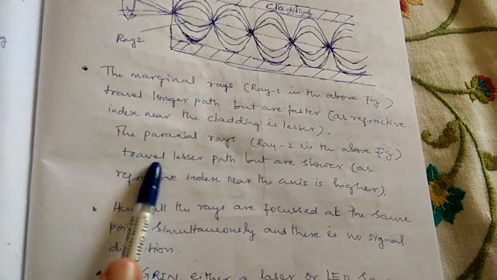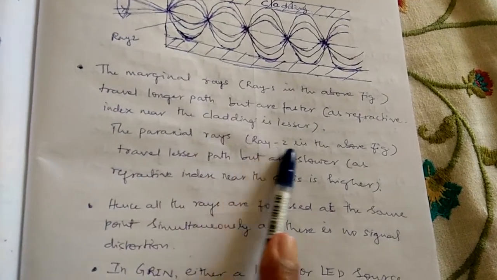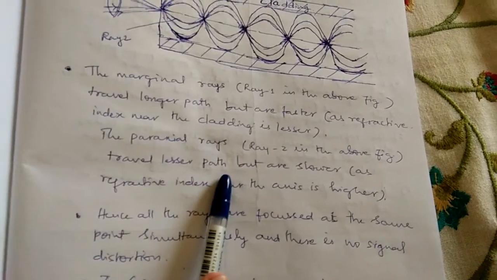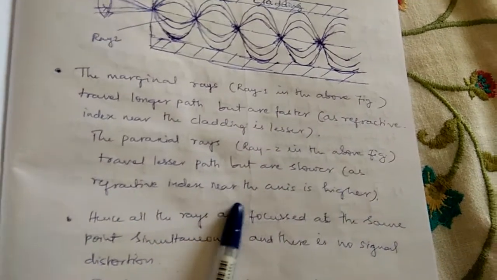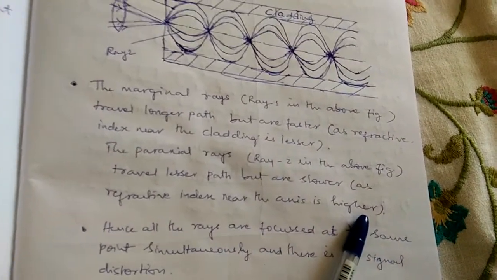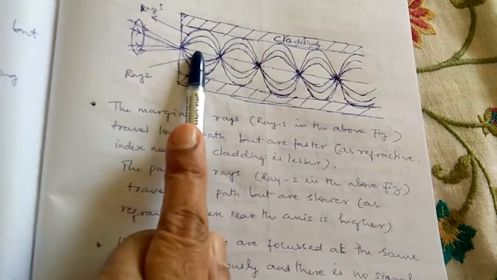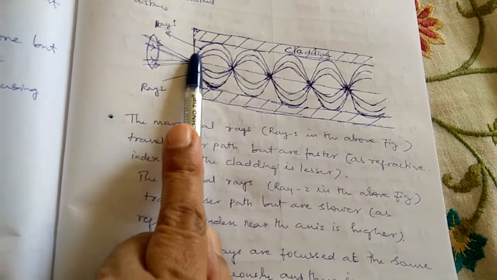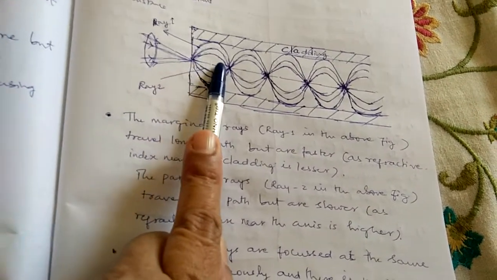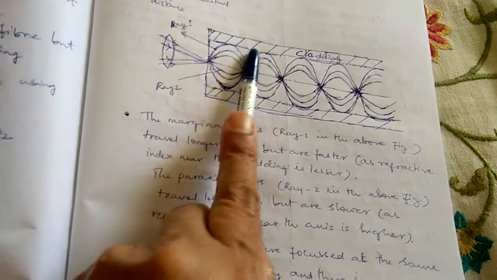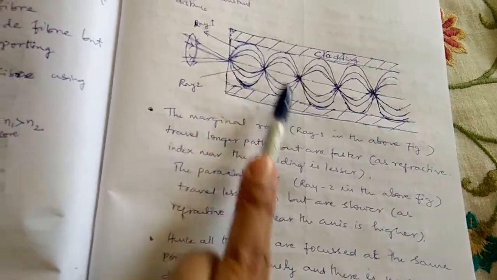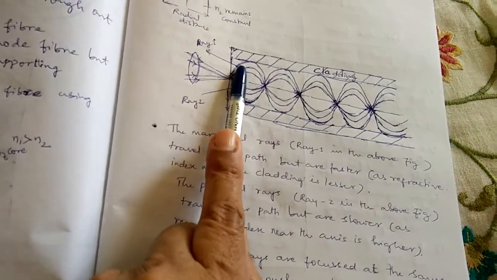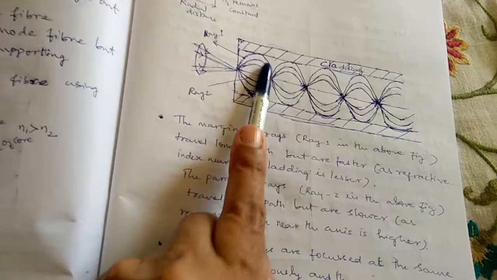If we consider the paraxial rays, that is ray 2 in the above figure, they travel a lesser path but are slower, as the refractive index near the axis is higher, because here the medium is denser. We know that the refractive index decreases continuously. Here it will be denser, and near the cladding, at the margin between cladding and core, the medium will be rarer.